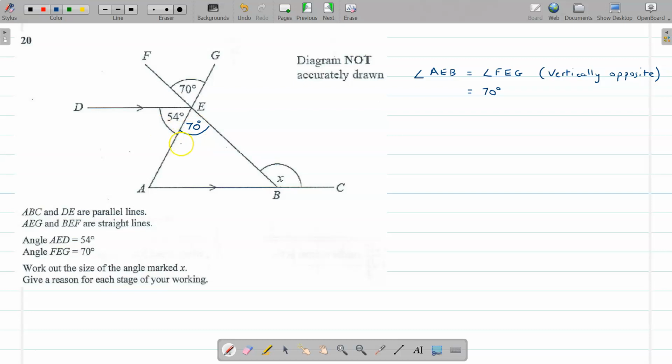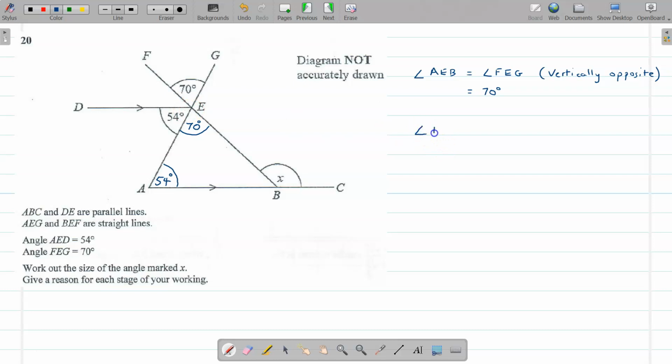Now, if that's 70 degrees, I can also see that this angle here is 54. I'm going to write it in, always write them on the diagram. But the reason that that's 54 is it's alternate with this one. So I'm going to give that reason as well.